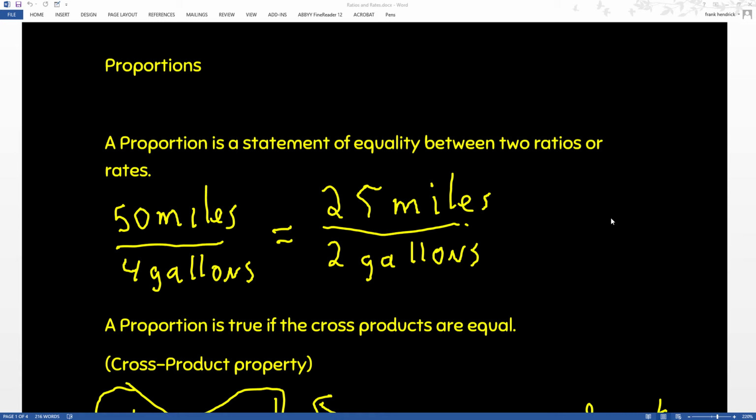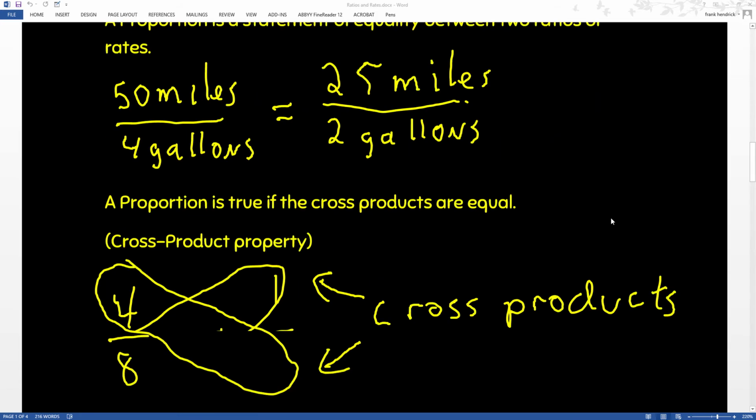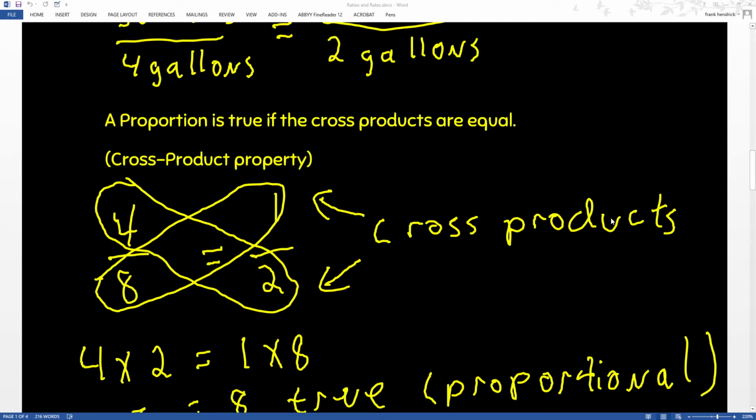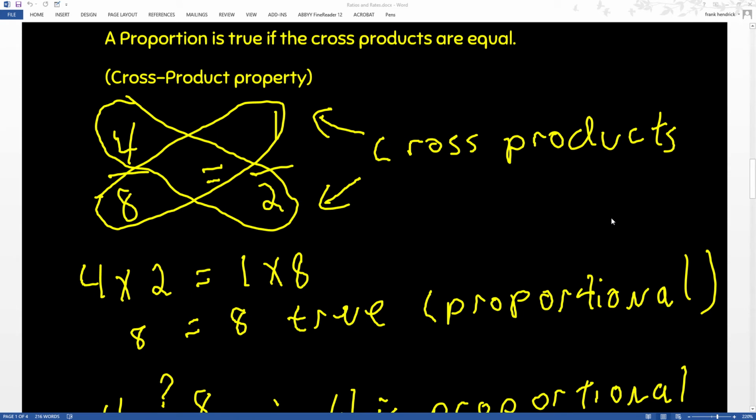So they're proportional. The cross products are equal. Here's another case here. 4 times 2 is the same thing as 1 times 8. The cross products are equal. So this is a proportion. It's proportional.